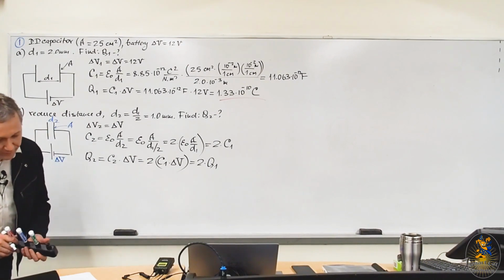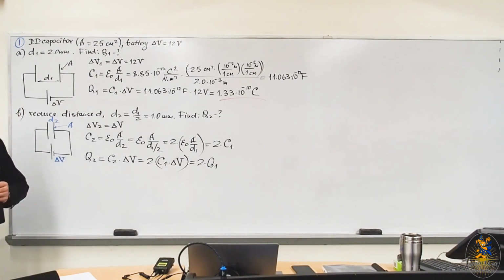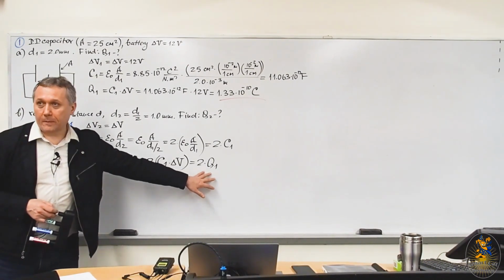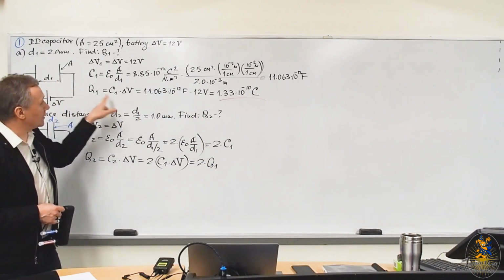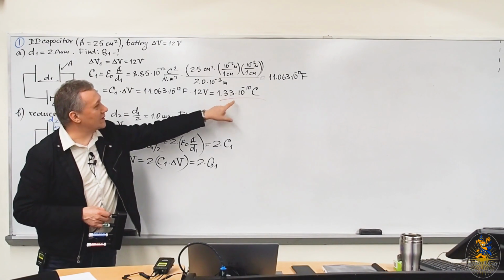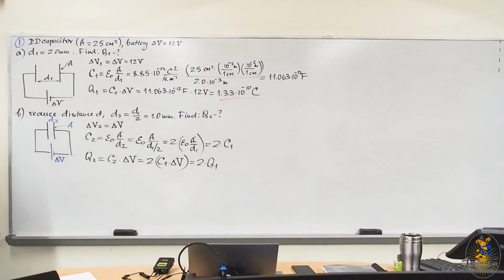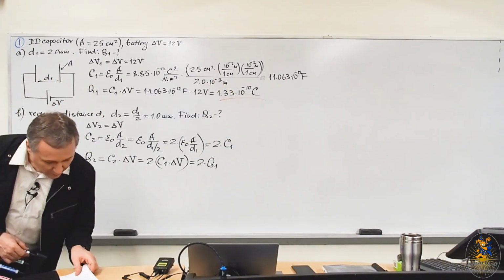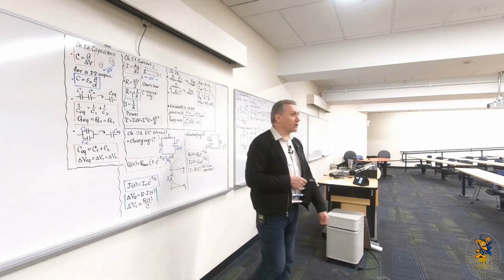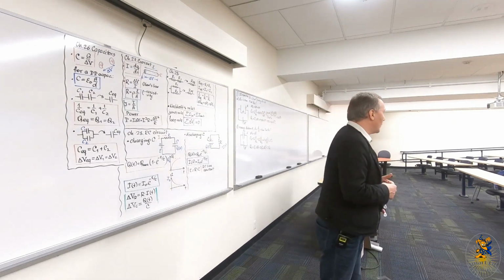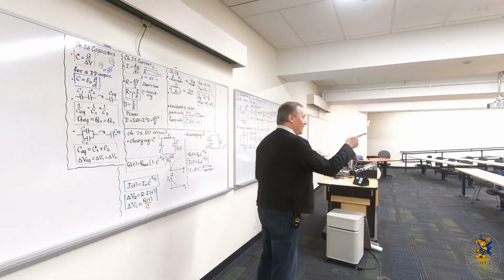And actually, you know what? I forgot. We need to find not just the amount of charge in the second case. Actually, now you can calculate. So Q1 times 2 will be 2.66 times 10 to the power of minus 10. It asks for the extra charge that this capacitor is going to get. Actually, where does this extra charge come from? What's the source of this charge?